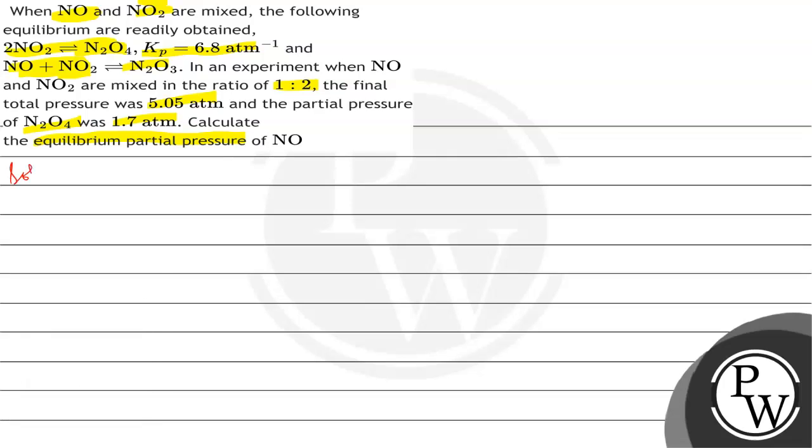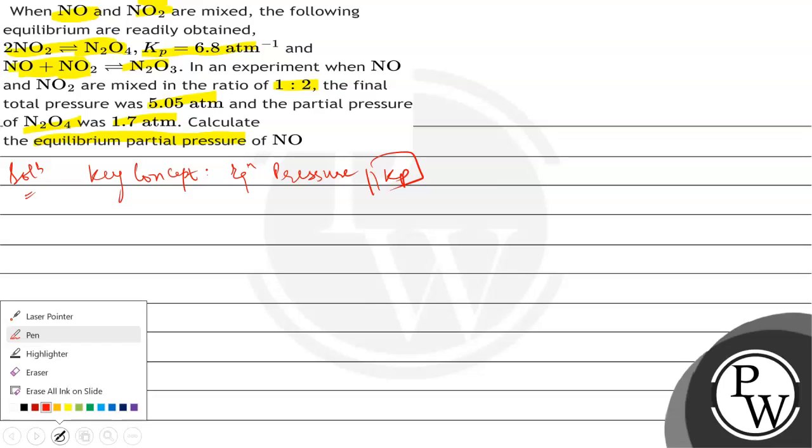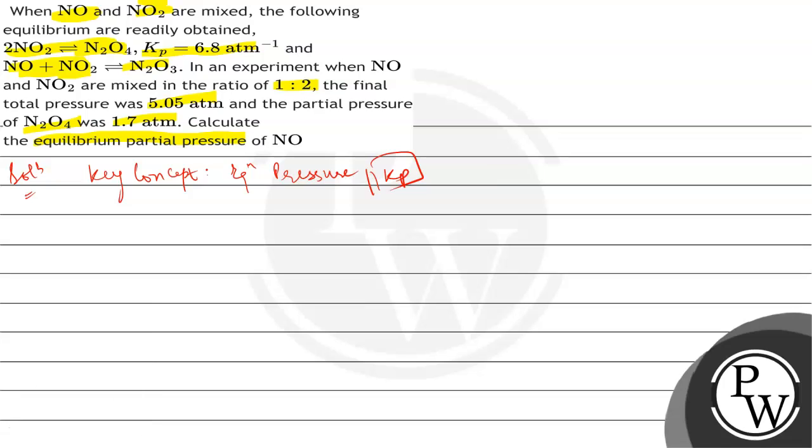To solve this question, the key concept that you should be aware of is equilibrium pressure constant, or the abbreviation Kp. Now let's analyze both the equilibria one by one. So the first equilibrium is as follows: 2NO2 in equilibrium with N2O4.